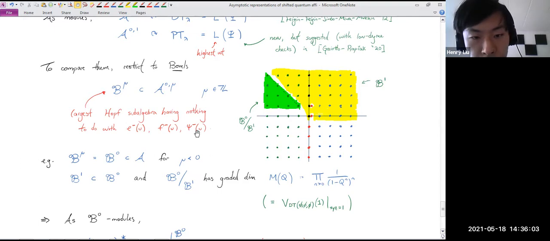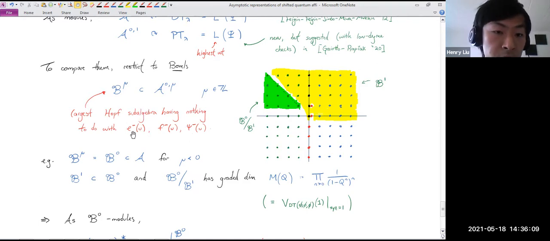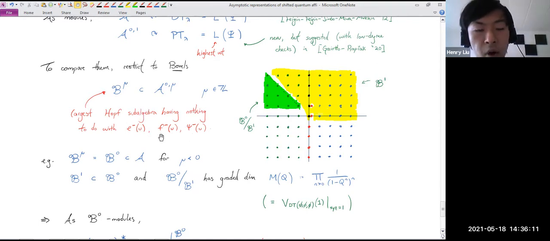For psi's, we already explicitly have that in the definition of the algebra. For E and F, the positive part is just positive powers of U. The negative part is negative powers of U. And the quantum Borel is just the largest Hopf subalgebra that has nothing to do with the negative parts of all these things. So it's kind of what you might expect.